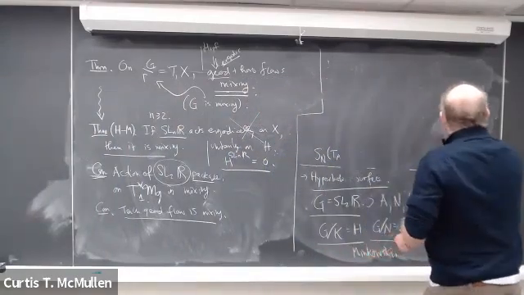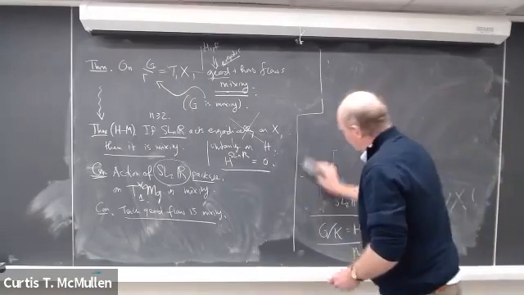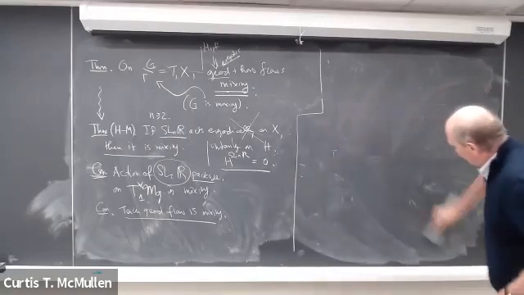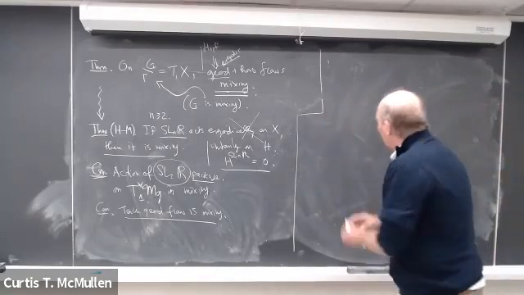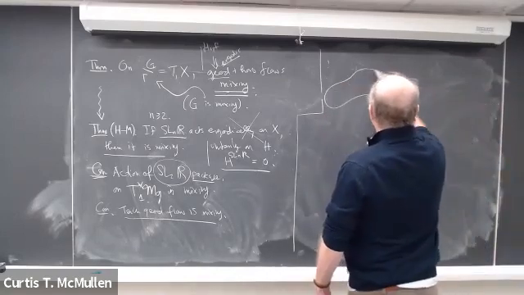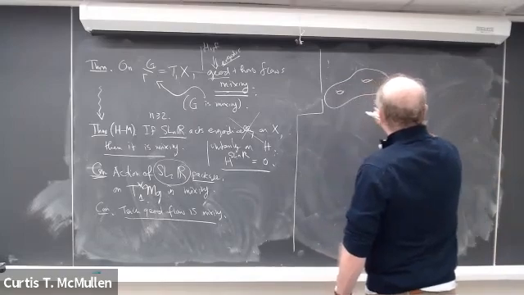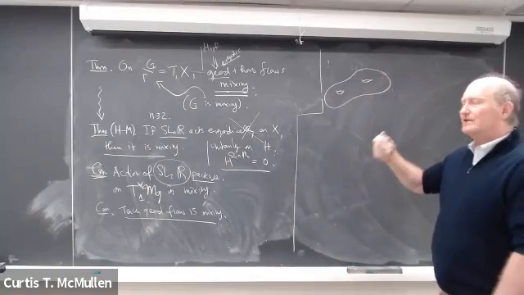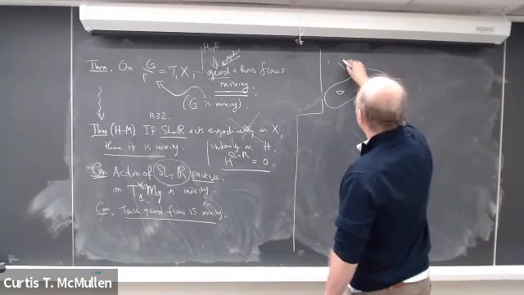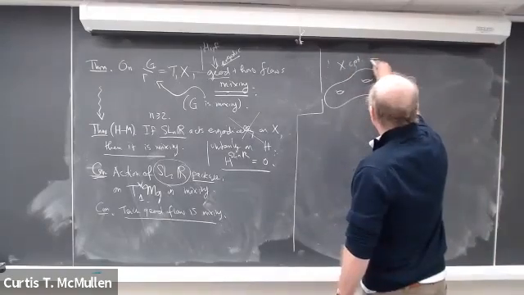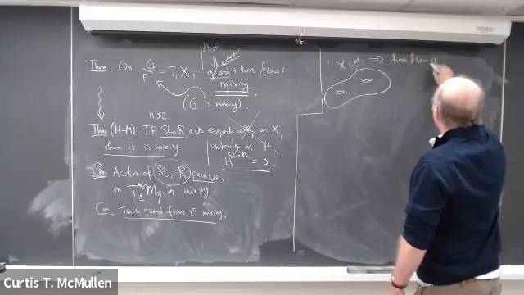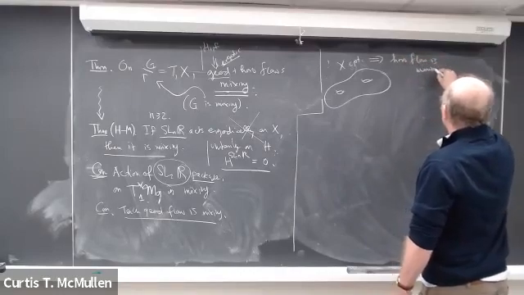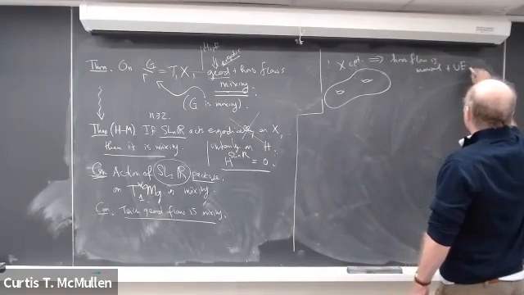Okay. Now, what else did we prove in the case of Riemann surfaces? Well, one thing that was very significant and brings us back in the direction of the irrational rotation was this. If X is compact, then the horocycle flow is minimal and uniquely ergodic.